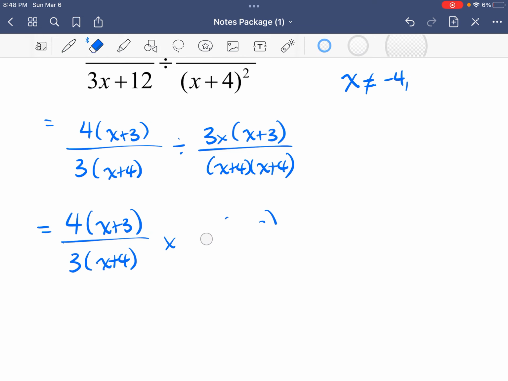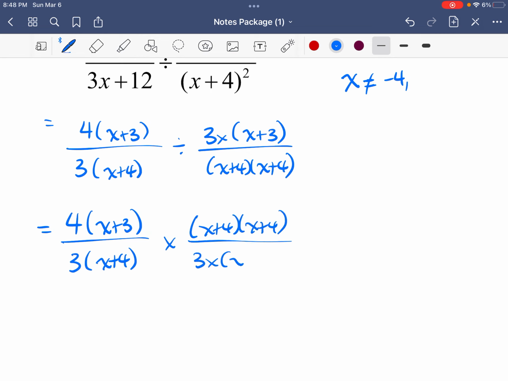No, that is not our reciprocal. And we end up with 2 more non-permissible values, 0 and -3.